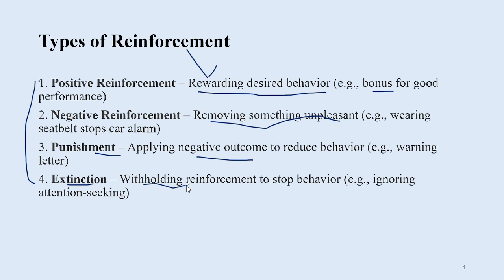He reinforces group work. But after a certain point, he started to notice that teamwork is not benefiting the company anymore. Rather, it has become a gossip group. So now you will stop reinforcing that particular behavior. So, withholding reinforcement to stop behavior.